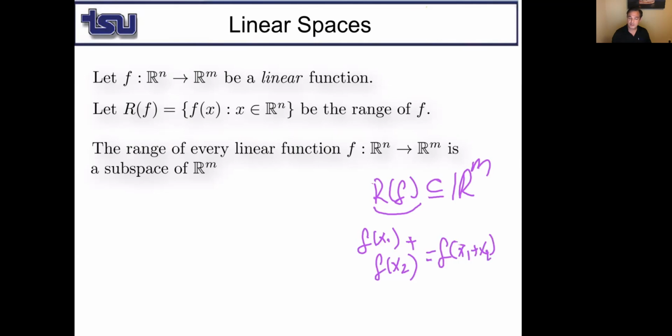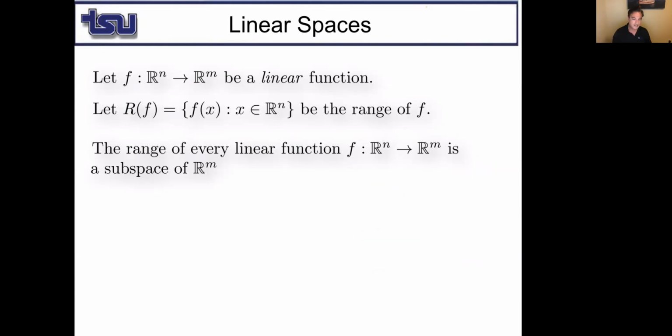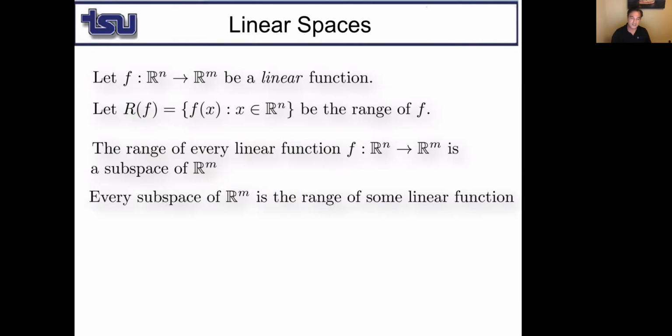So that's also in the range of f. So that's closed with respect to vector addition, similar for, of course, scalar multiplication. So that's a subspace. So the range is a subspace of Rm.